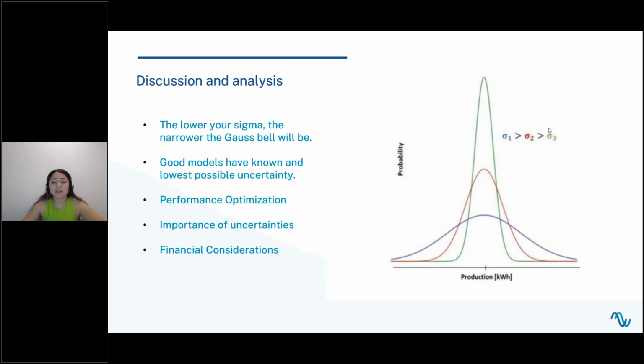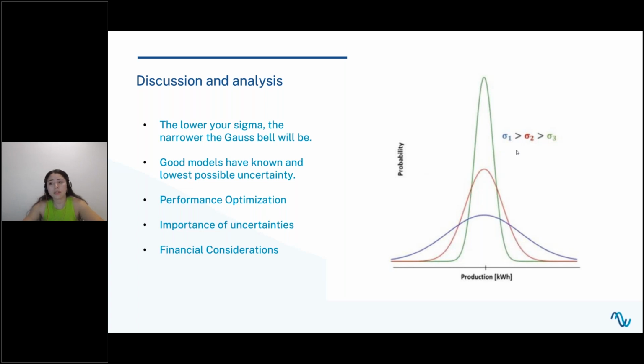So as a result discussion, we can deduce that with a lower sigma, the narrower the Gaussian will be, and a good model has a low sigma and uncertainty value.